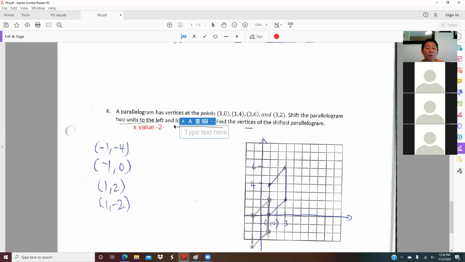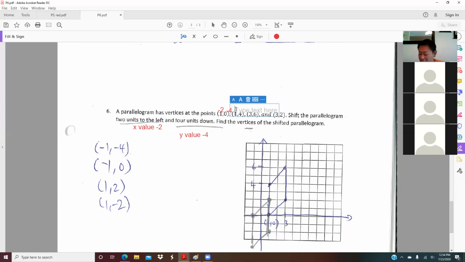And then you go 4 units down, which means all your y values have to be minus 4. So what I do is I take this coordinate point, I subtract 2 on the x, and then I subtract 4 on the y. So 1 minus 2 is -1, and then 0 minus 4 is -4.